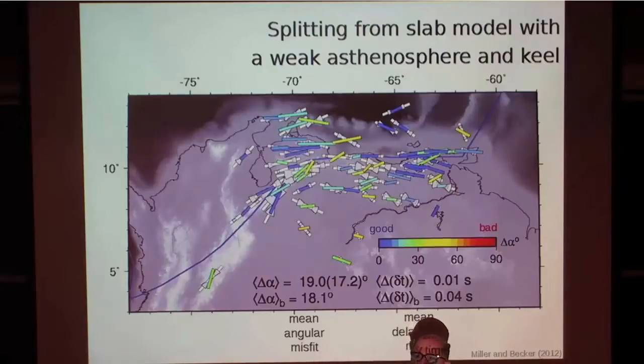You can sort of bootstrap your way of saying, let me correct for the mantle part and see what's left over and do it this way. Or you can do a joint inversion, you can do a number of things. But I think the general answer is, if you think you have a lithospheric source, check if the integrated delay times are large enough, and often they're not.